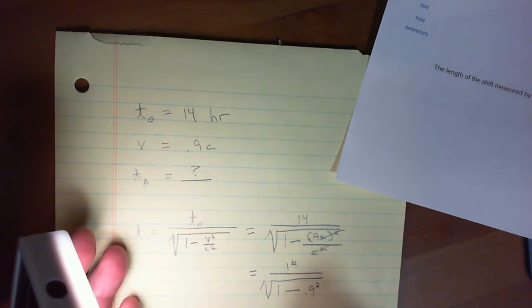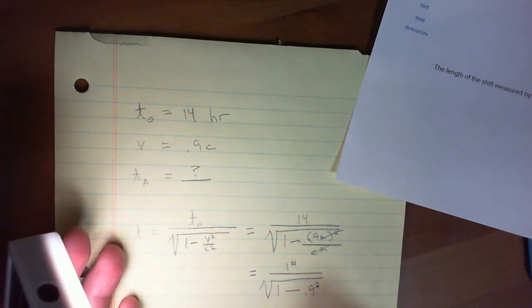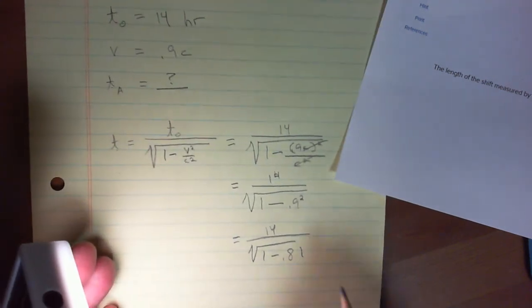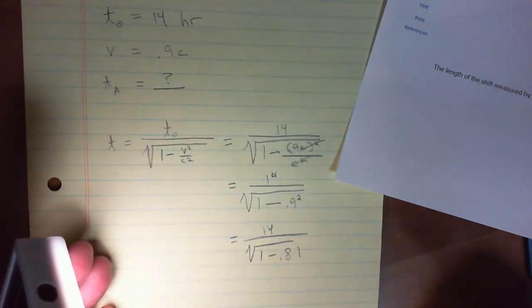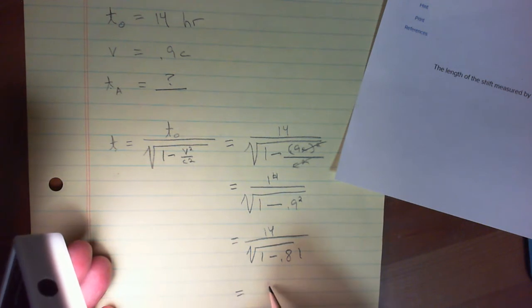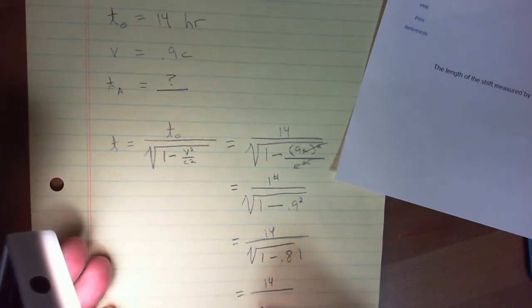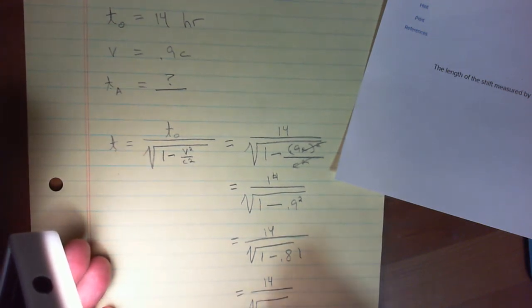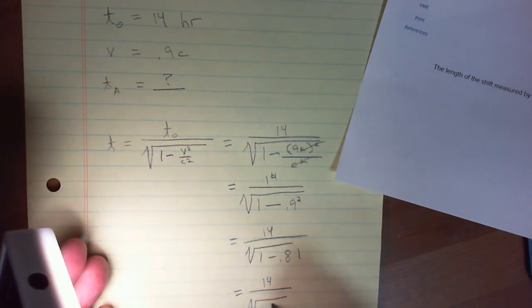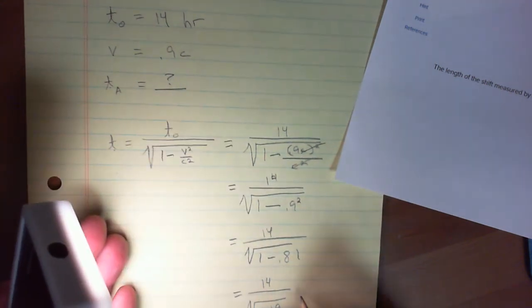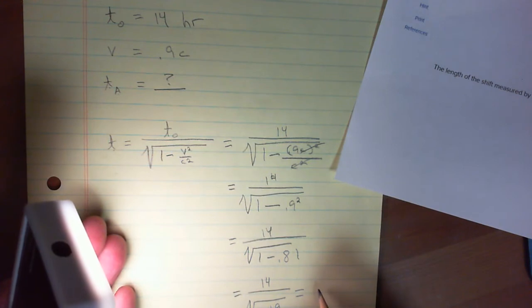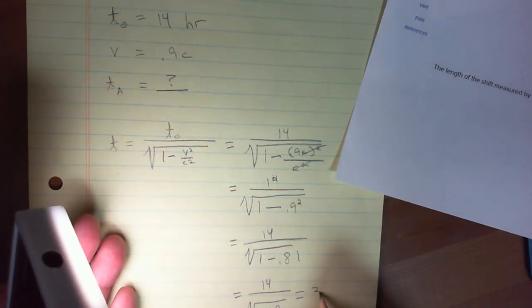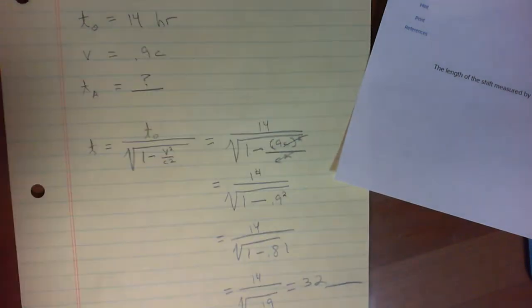So we have 14 over the square root of 1 minus 0.81, which simplifies into 14 over the square root of 0.19. And that's where I get the 32 something.